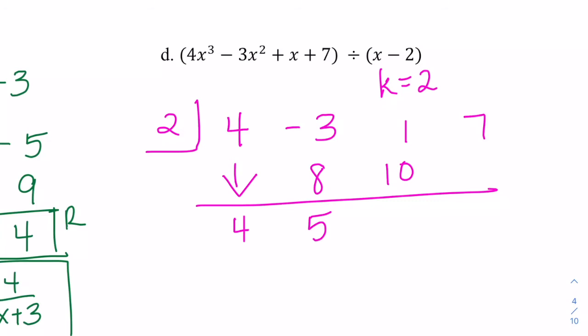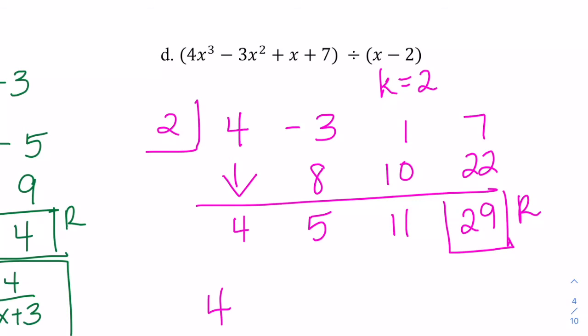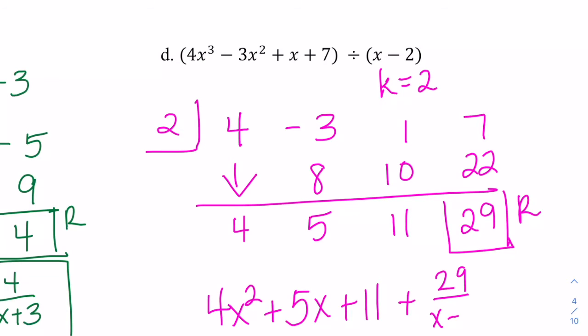Multiply 2 and 5 makes 10. Add going down. 2 times 11 would be 22. Add going down, so that's 29 is the remainder. So this will equal 4x squared plus 5x plus 11 plus 29 over x minus 2.